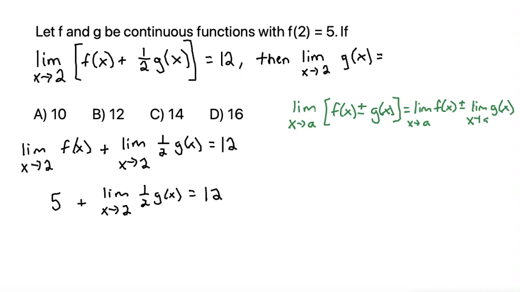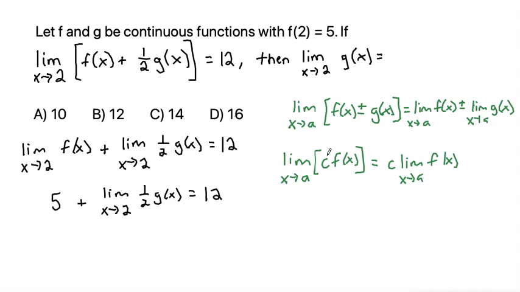Well, another relevant property is that if we have the limit as x approaches a of c times f of x, that is equal to c times the limit as x approaches a of f of x.